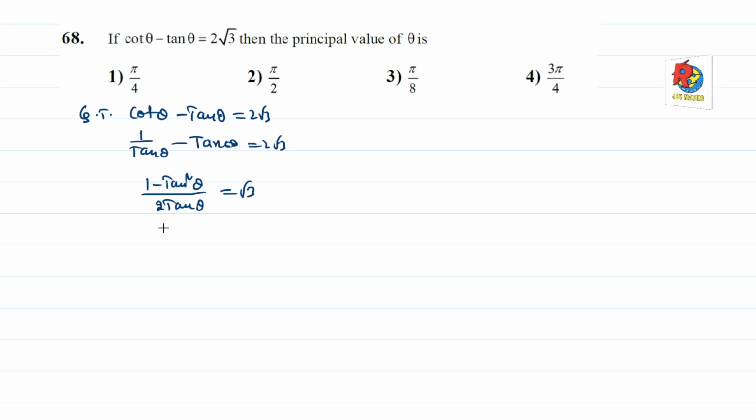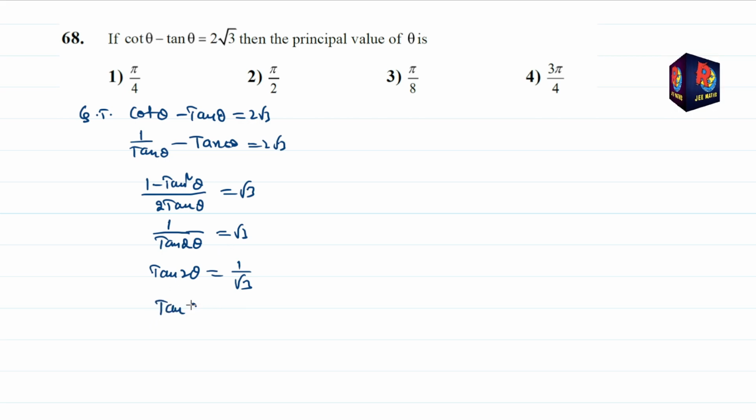2 tan theta by 1 minus tan square theta is nothing but the tan 2 theta formula. So therefore tan 2 theta equals 1 by root 3, reciprocal, or just cross multiplying root 3, interchange the values. Now when tan value is equal to 1 by root 3, it is tan pi by 6.